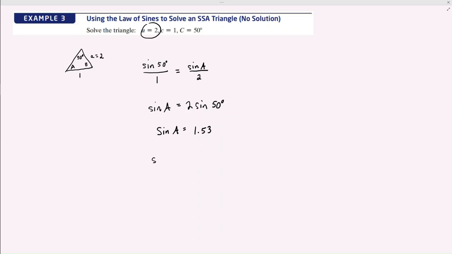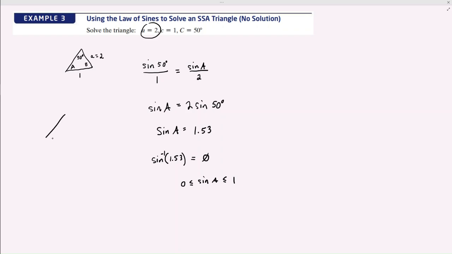Okay, so we would ask for the inverse sine of 1.53 to find A, and there's no such thing, right? Remember that the sine stays between 0 and 1.